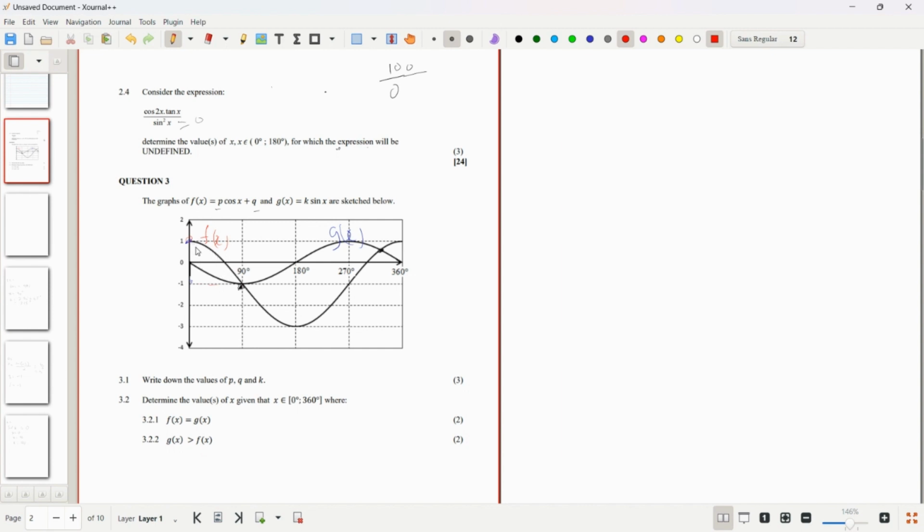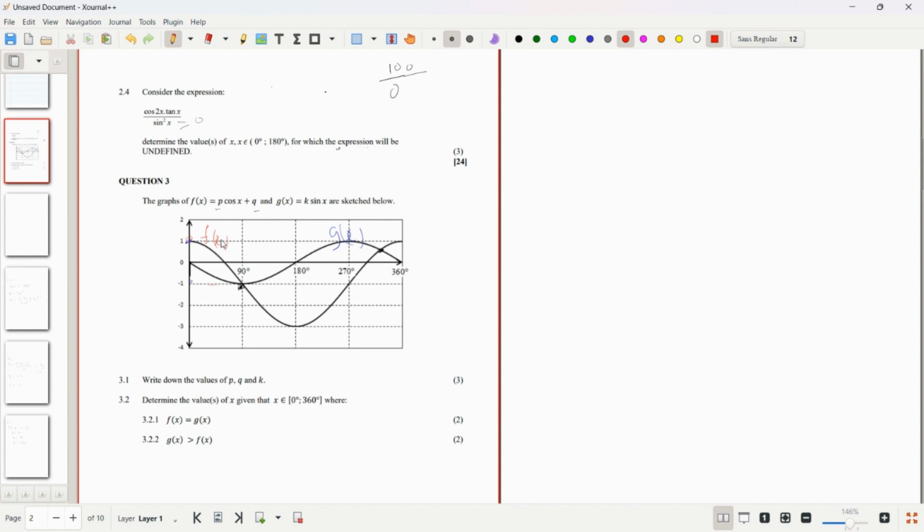You can see here f of x is greater than g of x. You can see it's on top, which means it's greater than g of x. But from 90 to here, 315, we can see that g of x is greater than f of x.